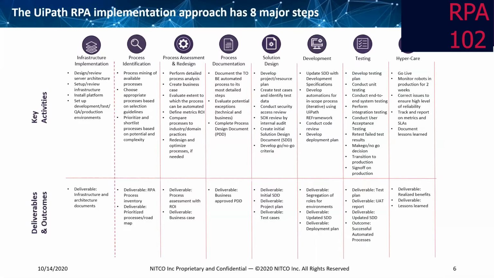Testing is the 7th of the 8 steps. And this one is fairly critical because you need to make sure that your stuff is working before you go to production. There's going to be various iterations from unit testing done by the developer all the way to user acceptance testing, which is done by the end user and provides their comfort level for the automation to be implemented.